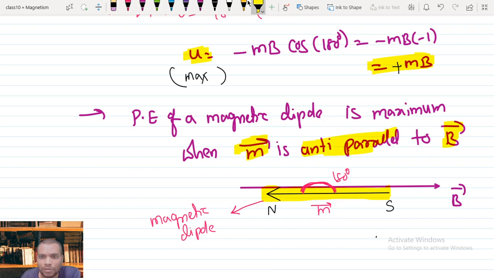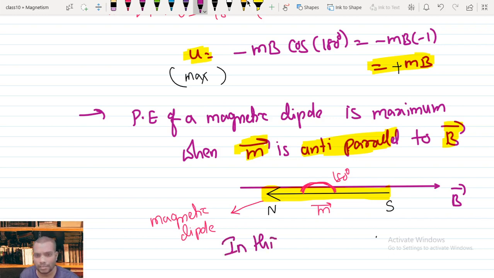In this case the potential energy of the magnetic dipole is maximum. And when will it be minimum? When the dipole is exactly perpendicular to it. So this case we call the magnetic dipole is in unstable equilibrium.